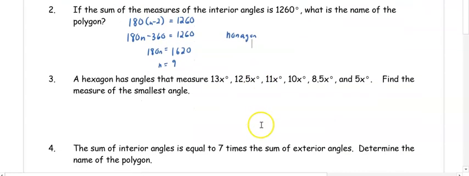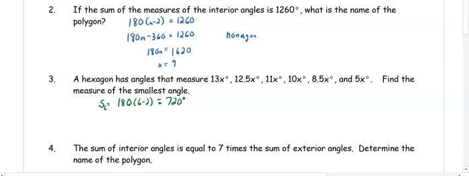In number 3, a hexagon has angles that measure 13x, 12.5x, 11x, 10x, 8.5x, and 5x. Find the measure of the smallest angle. So first, we need the sum of the interior angles. So we have 180 times 6 minus 2. So in a hexagon, all of our interior angles should add up to 720 degrees.